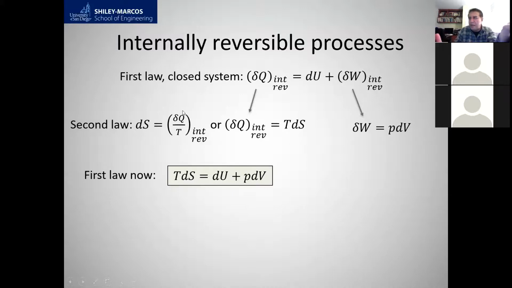The first law of thermodynamics says Q, the amount of heat transfer into the system, is equal to the change of internal energy plus the amount of work. If the work is done by the system, it's positive. If the work is done on the system, we say negative.